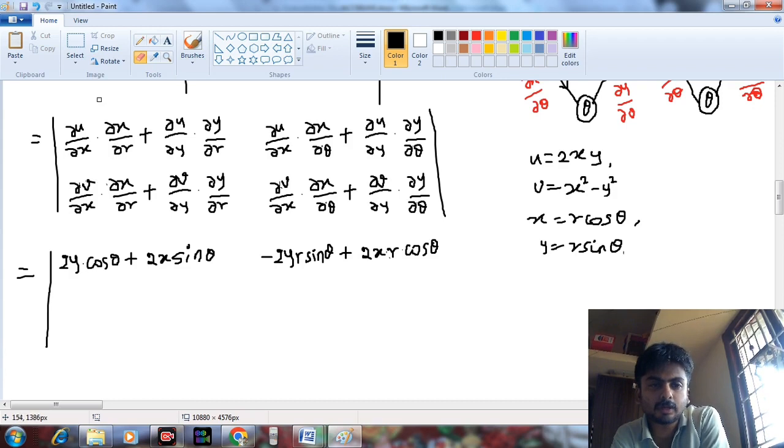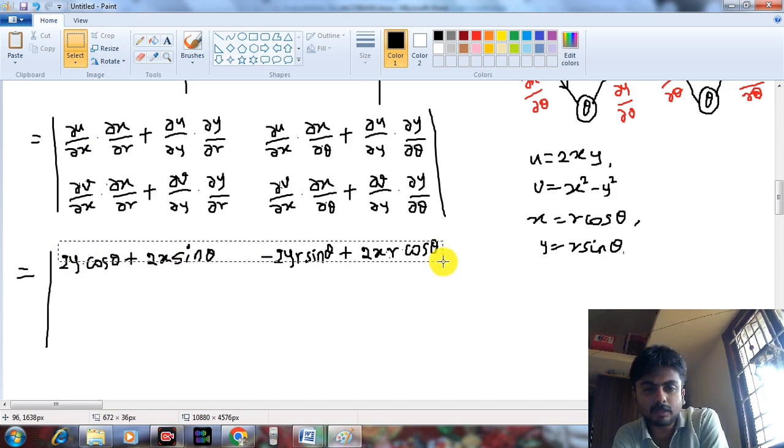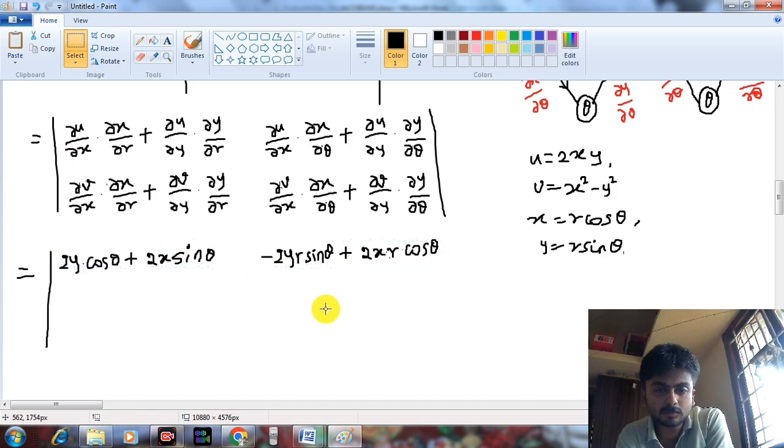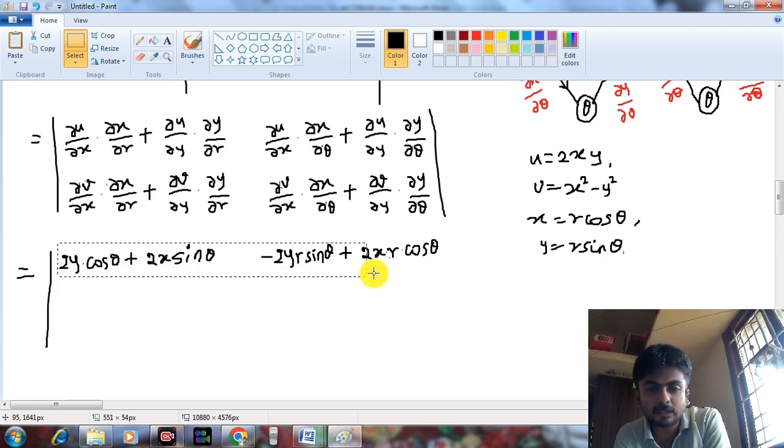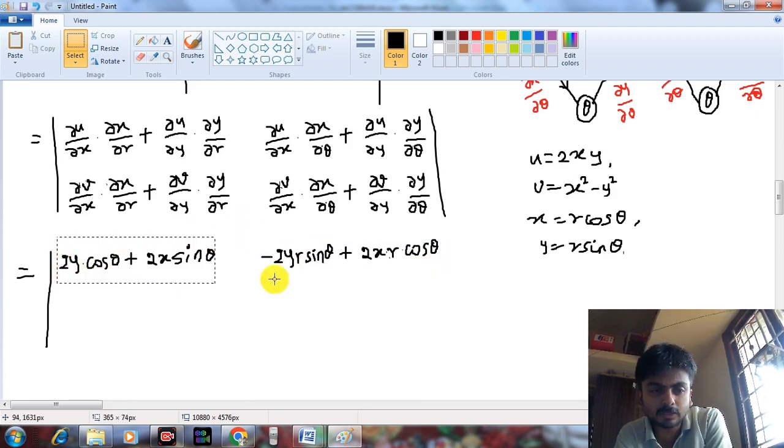Okay, so we shall copy the numerator first row as it is, because only ∂v/∂x and ∂v/∂y alone will get changed.